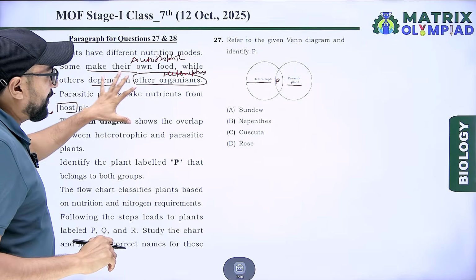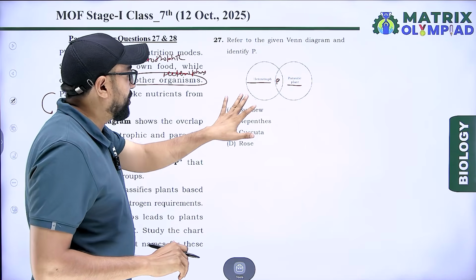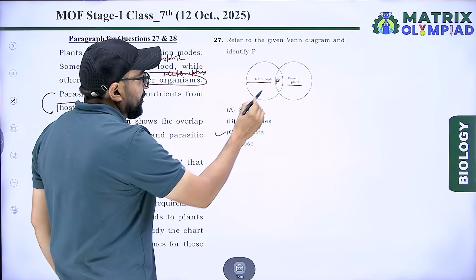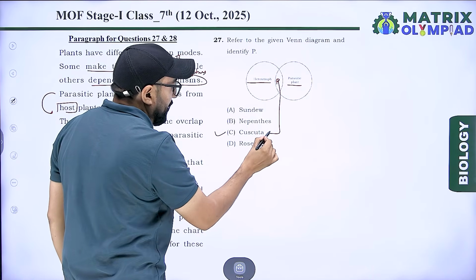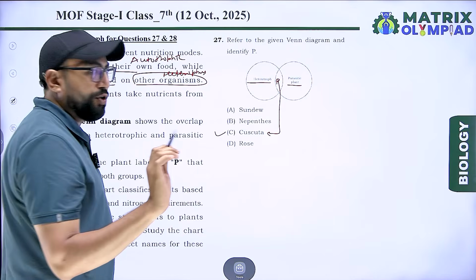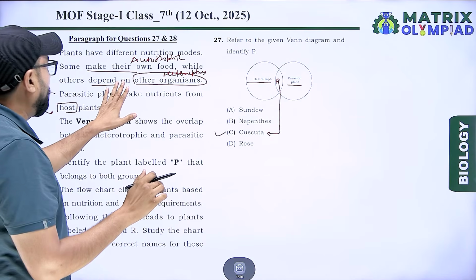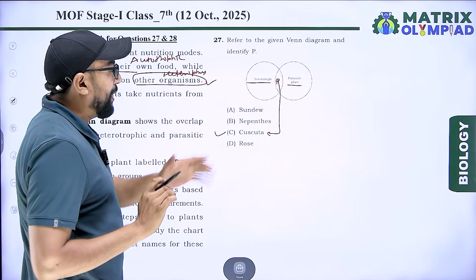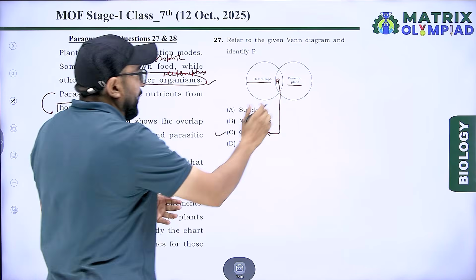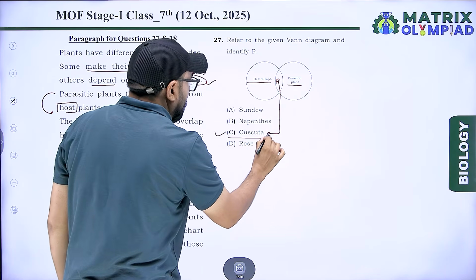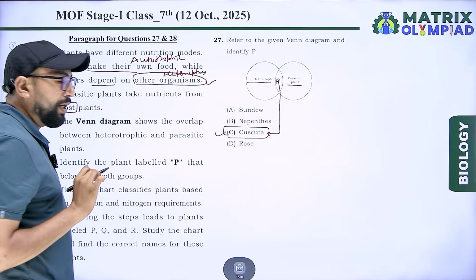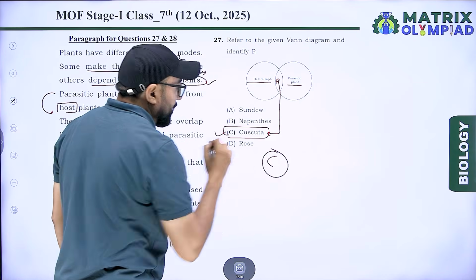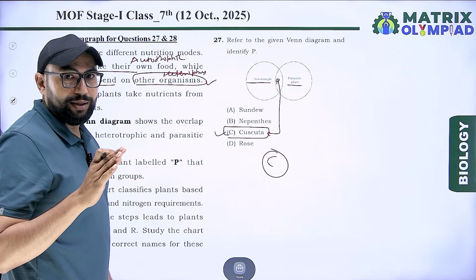According to this paragraph, if cuscuta is P, then cuscuta is a heterotroph because it depends on others, and a parasitic plant because it lives on another plant's body for nutrition. So P is C, cuscuta, the right answer.